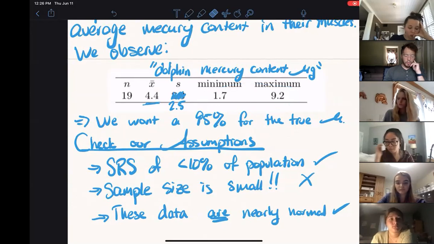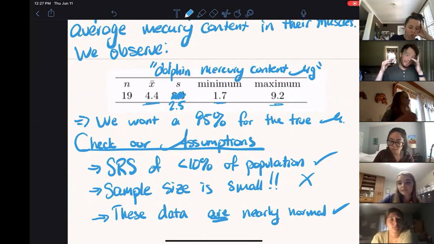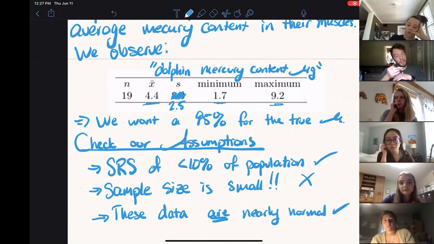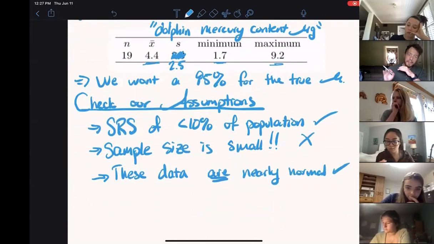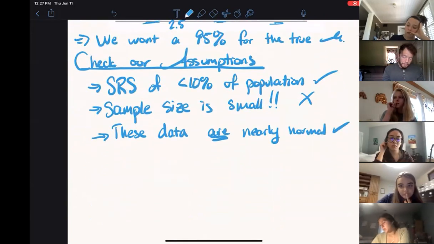If we look at 2 standard deviations above and below the mean, the min and the max are each within that range. So we have no outliers. It looks like it's approximately symmetric. This is looking more and more normal, but ultimately we really should be looking at the histogram or making a QQ plot to make that judgment call. But let's say for the purposes of my example, we do have near normality.